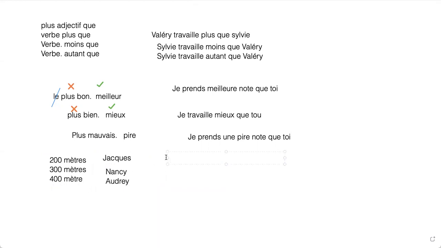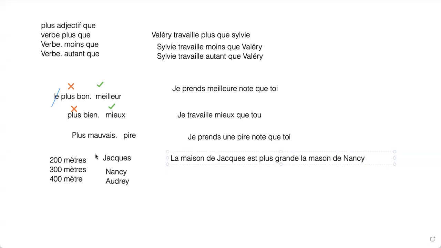I say la maison de Jacques, la maison de Jacques est plus grande parce que la maison c'est féminin, donc je dois ajouter E. La maison de Jacques est plus grande que la maison de Nancy.